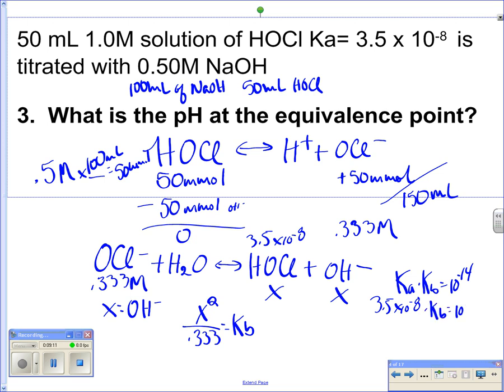Well, if I just divide that, I can get my Kb. So 10 to the negative 14 divided by 3.5 times 10 to the minus 8 is going to give me my Kb value. And so my Kb value comes out to be 2.86 times 10 to the minus 7.